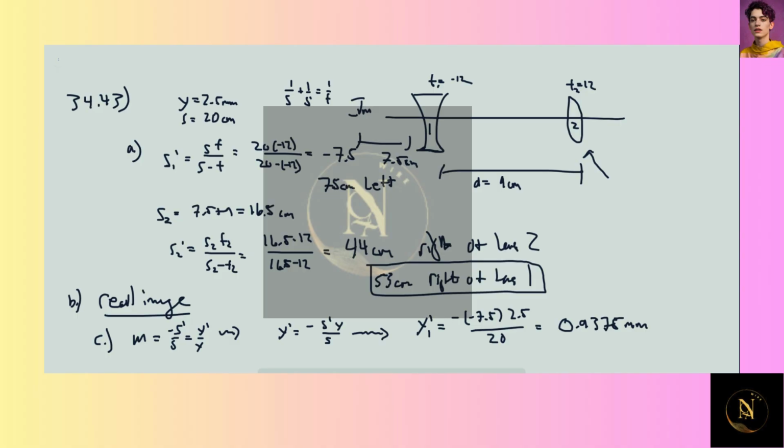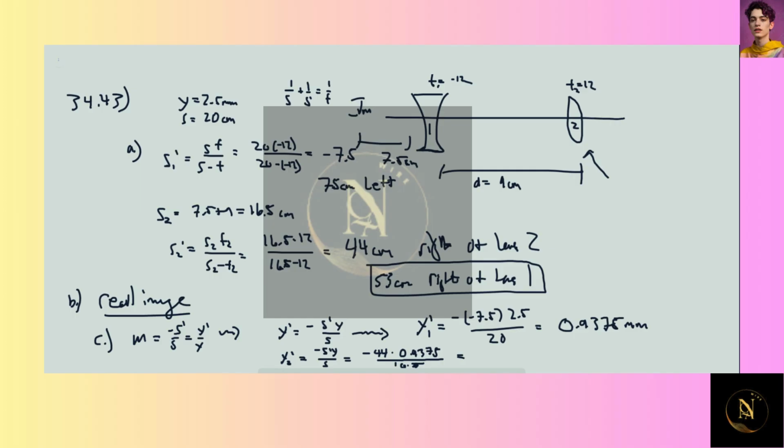Let's go ahead and do this again for the second lens. This is negative S prime Y over S. So what this becomes is negative 44 times 0.9375 over 16.5.